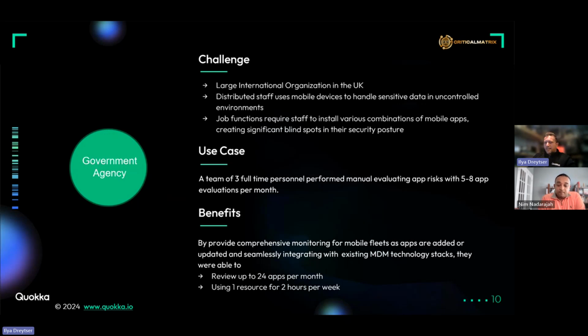These devices are not uniform, and depending on your job function, you need to install different apps. The kids have a bunch of kid-friendly apps in the pediatric wards, whereas the nurses have to install apps that let them deal with drug reps and do dosing lookups and things like that. And the doctors have their apps, and then maintenance and IT and everything. So this use case is not just in the government agency.